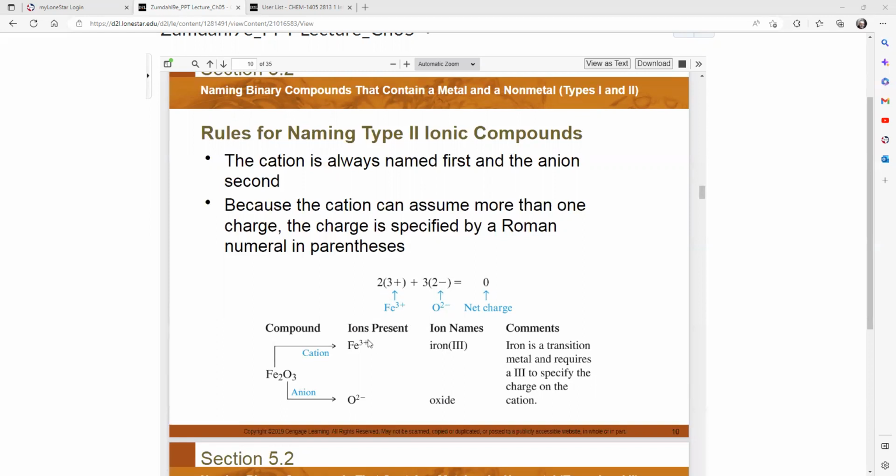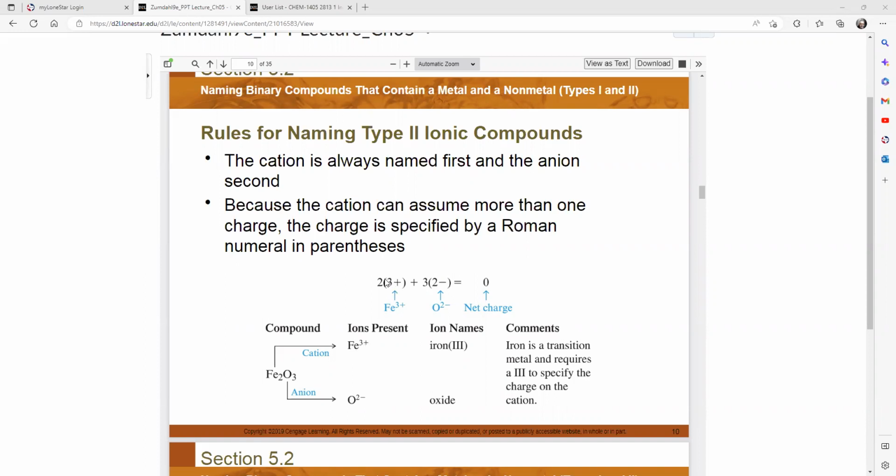The cation is 3 plus and the anion 2 negative, then what do you do? You multiply the cation by 2, the charge of the anion, and you multiply the anion by 3, that is the charge of the cation.